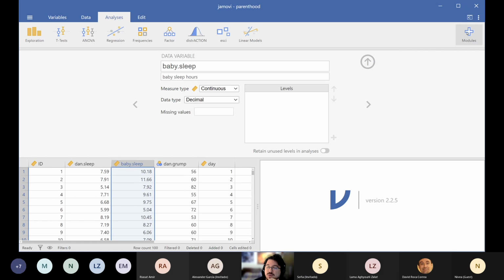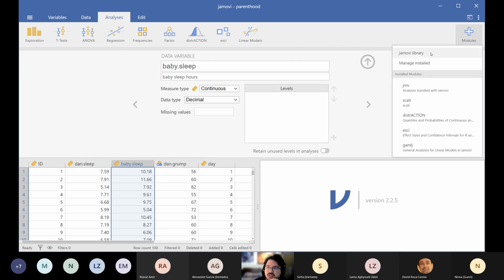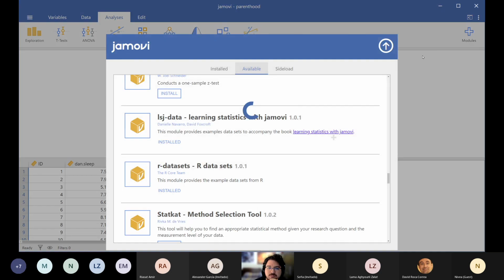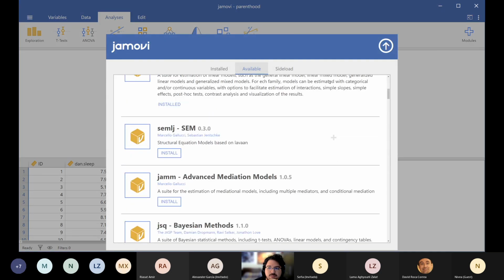Okay. You go to the top right corner where it says modules. You can see my screen, right? Is it large enough? Yes, perfect. Okay. So you go to modules, Jamovi library, and you will start at the top.